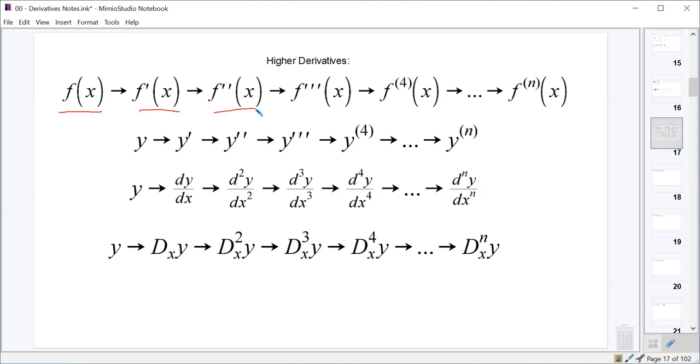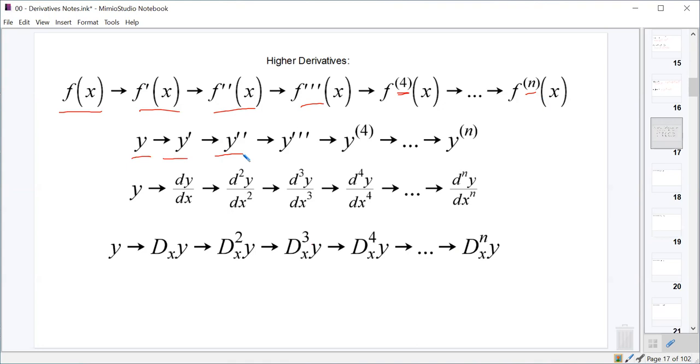The second derivative, which will be very useful to us throughout this year, is f double prime. A third derivative would just be triple prime, and then after that, you just put a little 4 in the superscript, or a 5, or an n up there, to indicate higher derivatives. Same if we just talk about y prime, y double prime, second derivative, and so on.